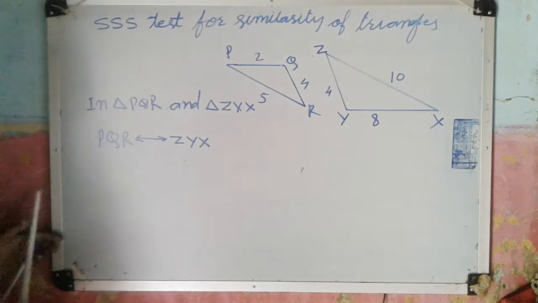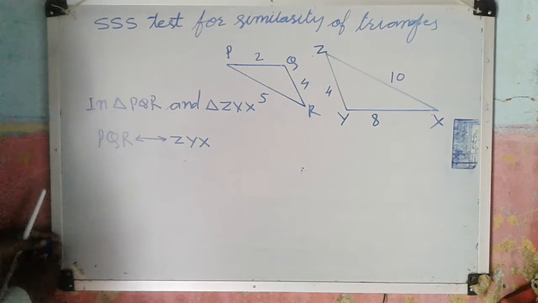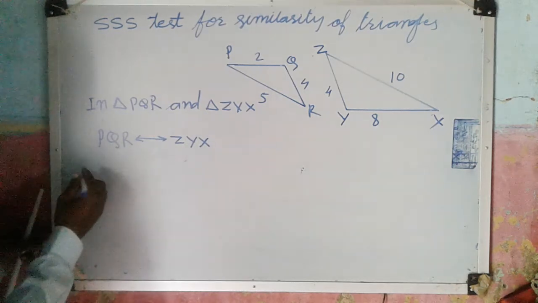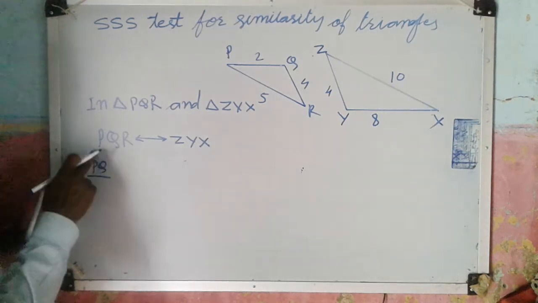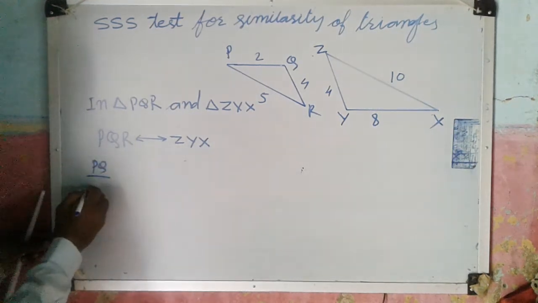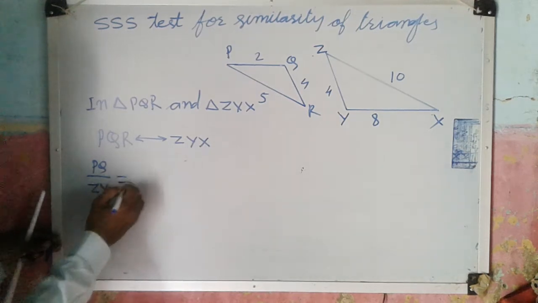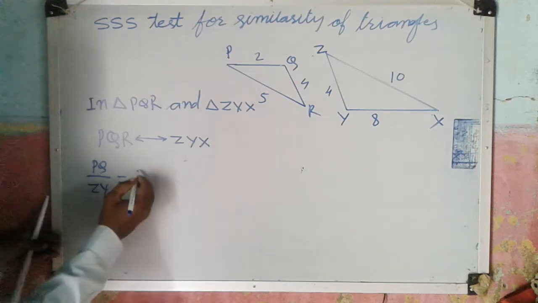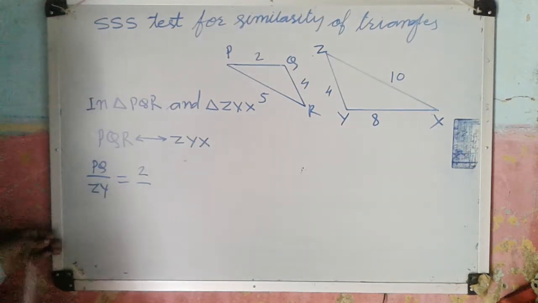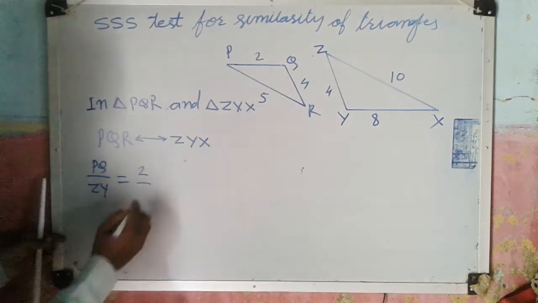Now we take the ratio of corresponding sides. PQ upon ZY: the length of PQ is 2 and the length of ZY is 4.